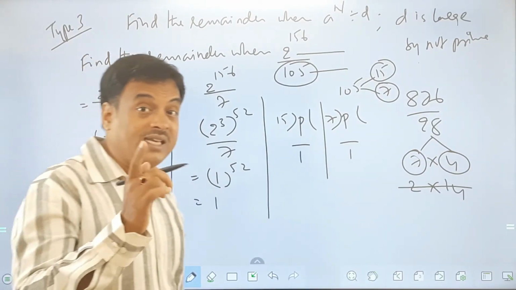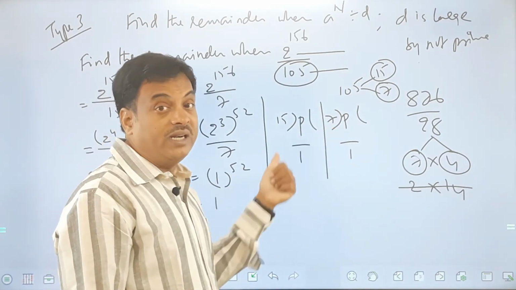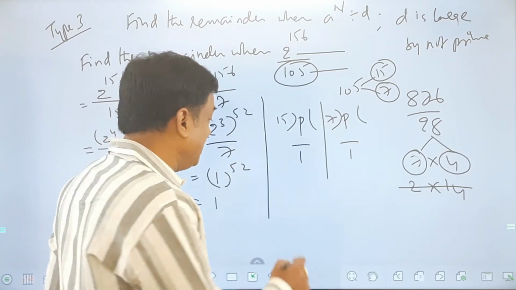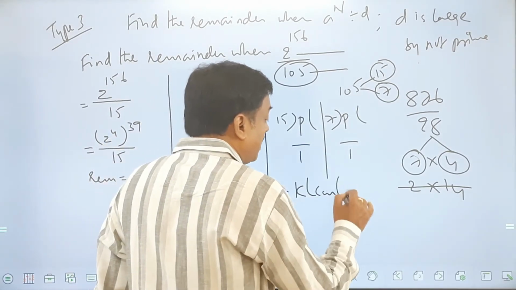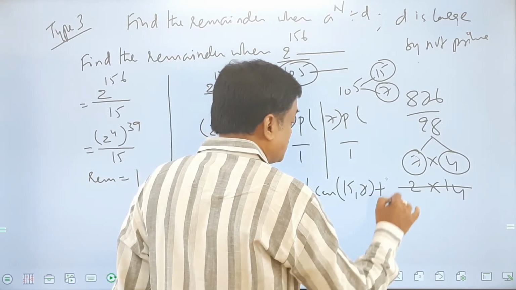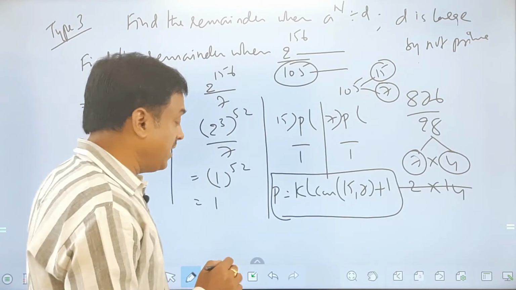If you remember LCM type 1, a number when divided by 15 or 7 leaves the same remainder 1, then the value of p will be k times LCM of 15 comma 7 plus 1 kind of a number. You remember this LCM model 1, right? So I'll apply that right now.